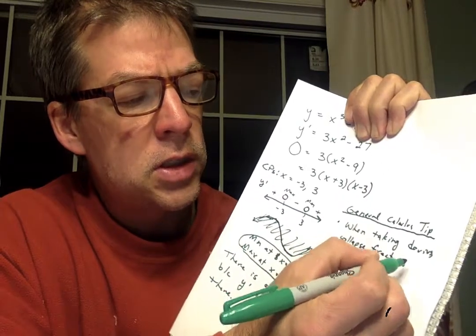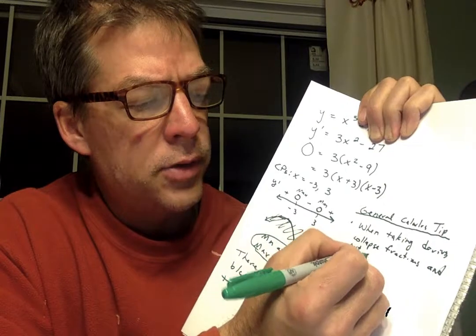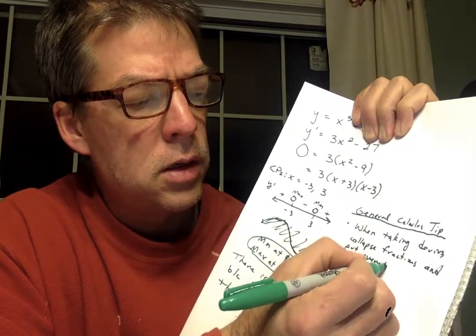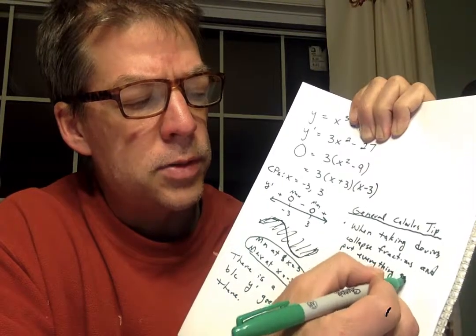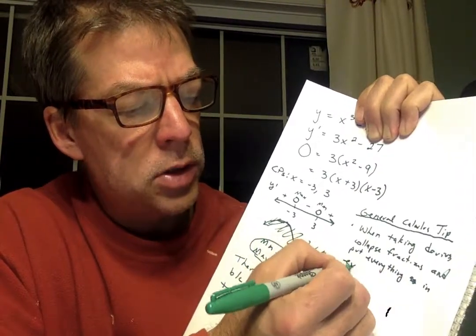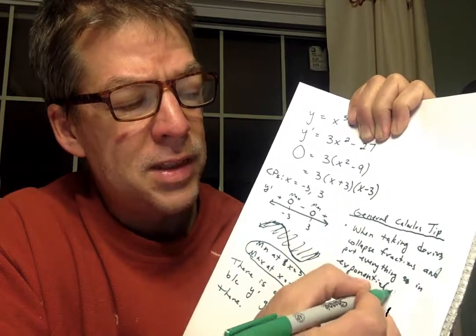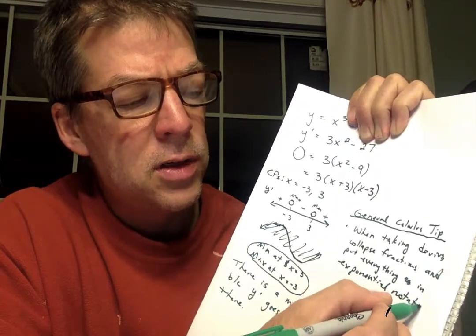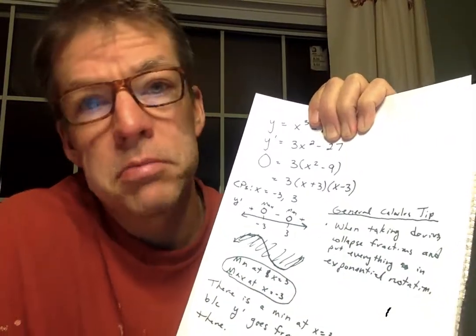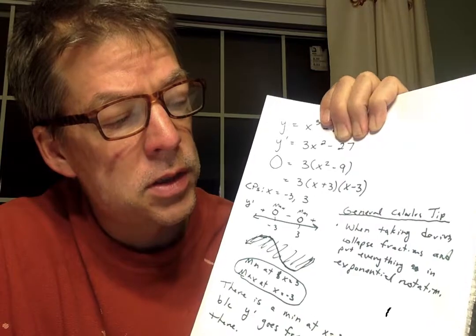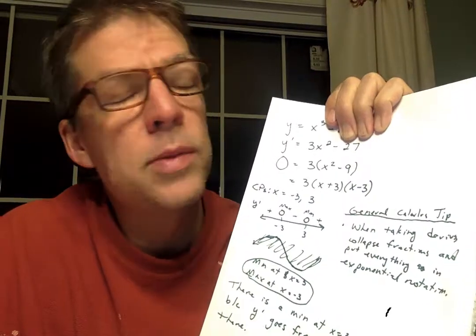Collapse fractions and put everything in exponential notation, okay? Because then you can use the power rule. You don't have to do the quotient rule, hopefully. So that's really nice, to collapse the fractions and put everything in exponential notation, and then that usually makes derivative taking easier.